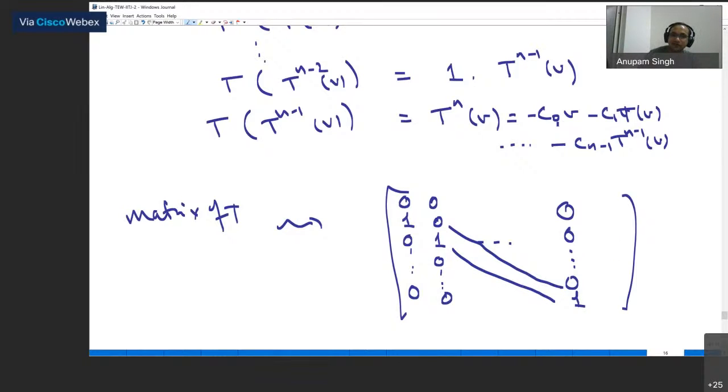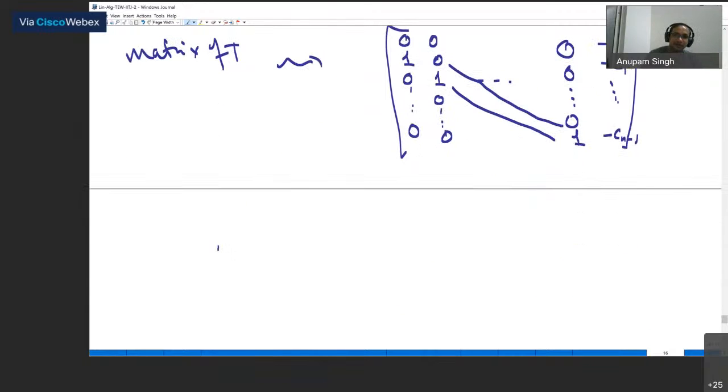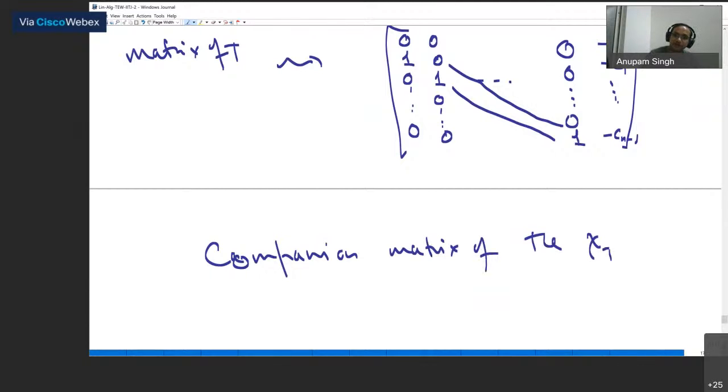And the last column here will be minus c0, minus c1, and so on, and minus c_{n-1}. I'm sure you will recognize this. This is what is called the companion matrix of that polynomial. So this turns out to be the companion matrix of the characteristic polynomial, right?